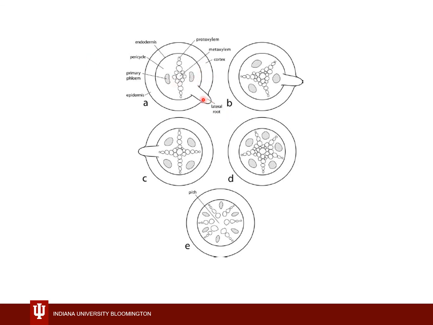It doesn't really matter. But what's worth mentioning is the lateral roots, which don't form from the epidermis. They form from this endodermis right here, which is the interior layer. The epidermis is out here. Lateral roots form from an interior layer and push their way out from there.